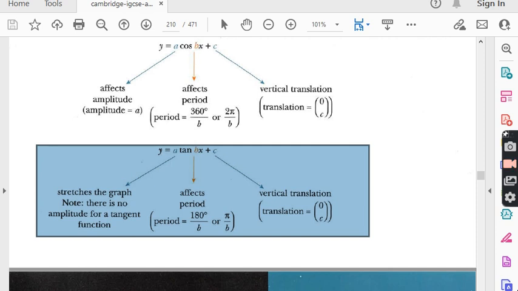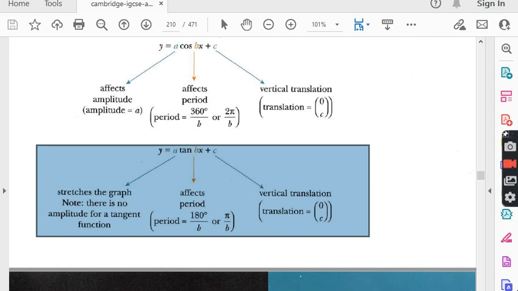A stretches the graph; there is no amplitude for a tangent function. This is very important. When I do some questions related to tan, I will give you details of this a. But keep in mind at this stage that a does not represent the amplitude because there is no maximum and minimum value of the tangent function.